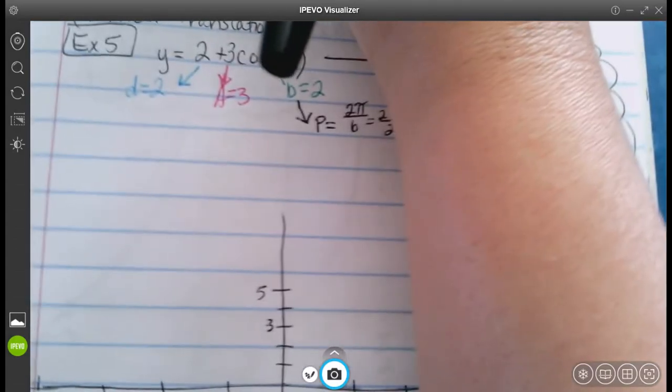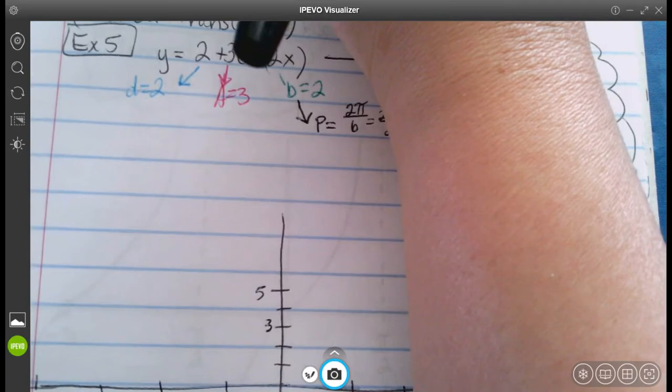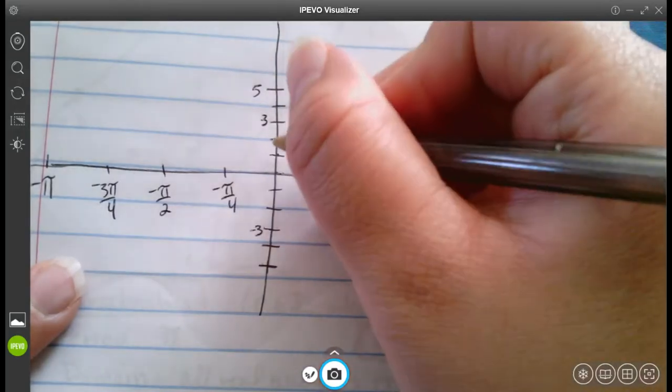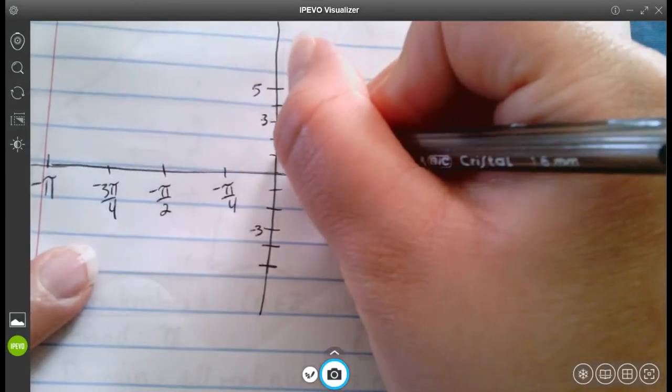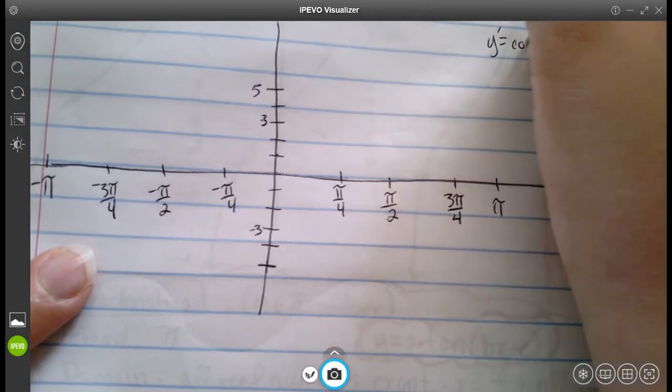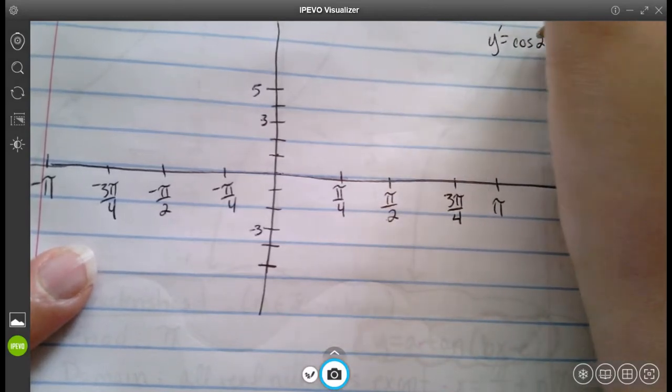This is cosine. So if I were to do cosine with this in mind, remember that cosine starts at this point right here. This is going to be sort of my OG in this case. So think of it like this. We'll do y prime equals cosine of 2x.